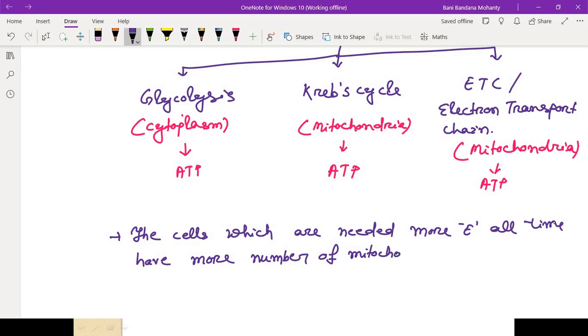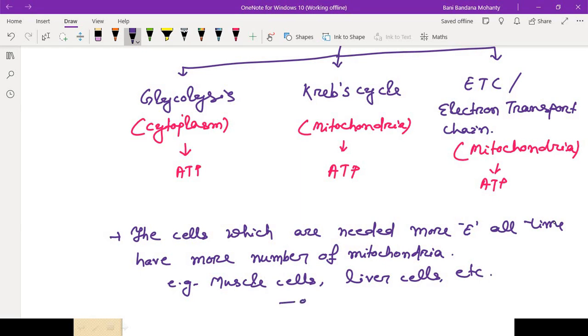This energy or cellular respiration occurs by the process of aerobic respiration, which means it always requires oxygen. Examples: muscle cells, liver cells, etc. I hope it is clear now.